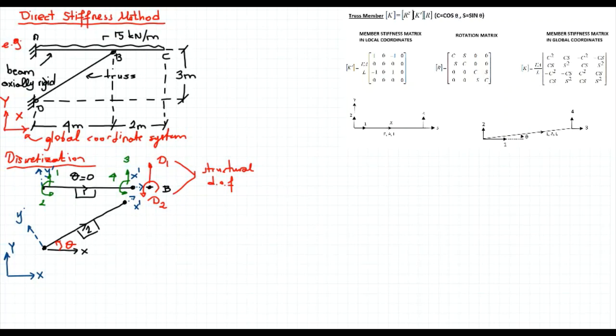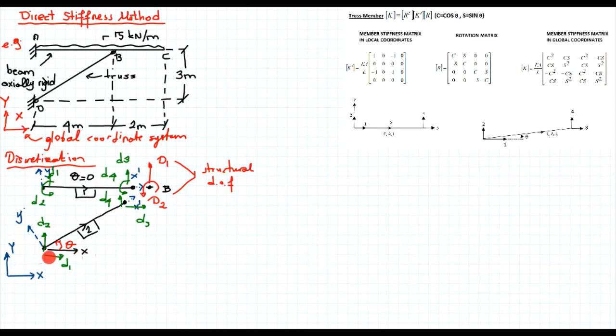Now I'm showing all the degrees of freedom in the global direction because I will be using the global stiffness matrix. So that will be D1, D2. Remember that I'm showing all the degrees of freedom in global directions. D4. I forgot to write D here, so let me put the D's here also. Okay. Now remember that the first degree of freedom at the start node will be in the global x direction.